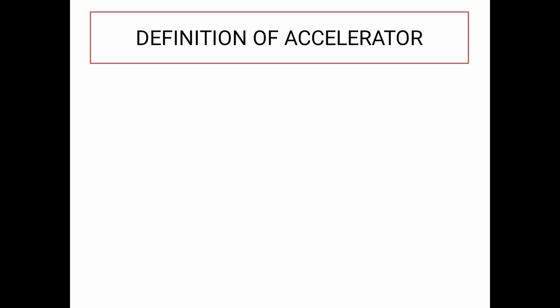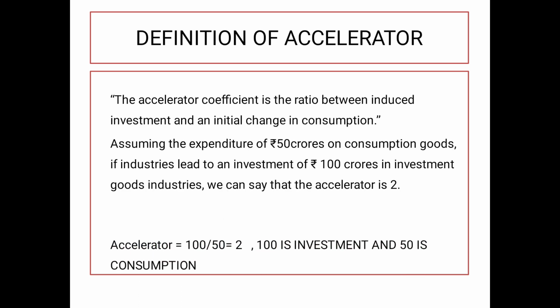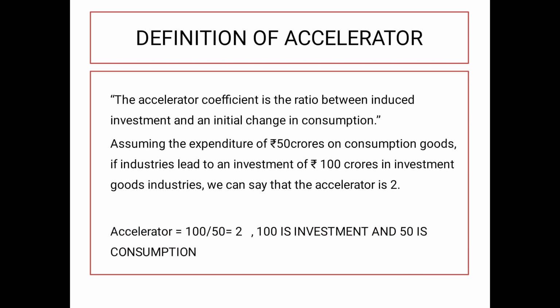There is a definition given for accelerator. The accelerator coefficient is the ratio of induced investment to an initial change in consumption. What do you call induced investment? Planned investment. When we have a planned investment, naturally there will be an initial change in consumption.